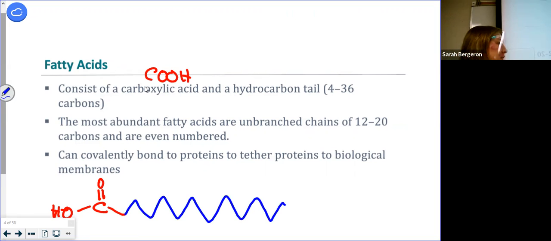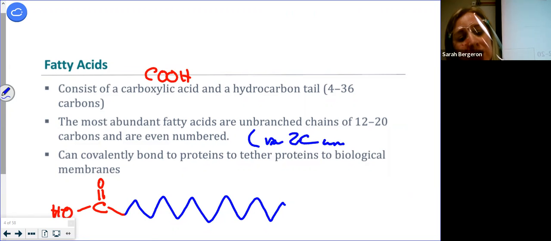I just drew it for a while, 4 to 36 carbons. You have a big range in there. Most of the ones that we find in the body are anywhere from 12 to 20 carbons long. And they're always going to be even numbered, and they're even numbered because when they're built, which we will talk about, they are built via 2 carbon units.